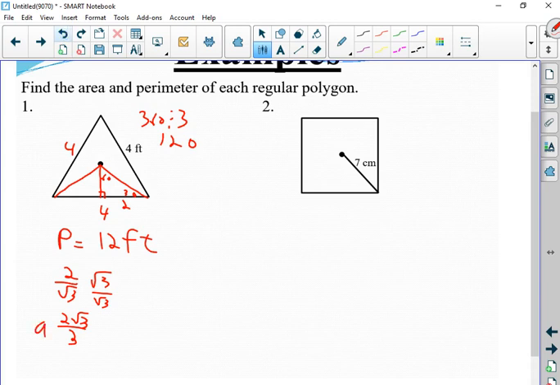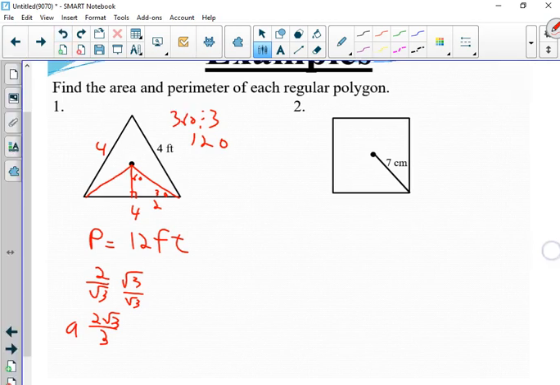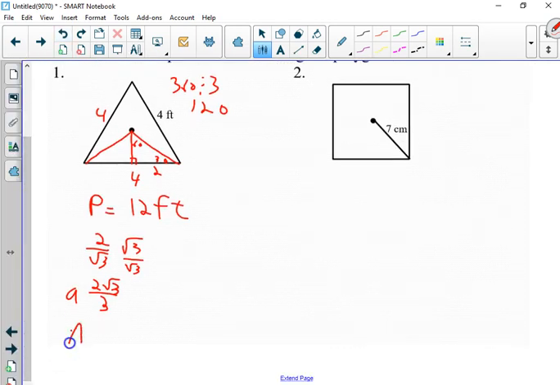So to find our area, we take 1/2 times 2/3 root 3, or we can separate it out like this, times our perimeter, 12.